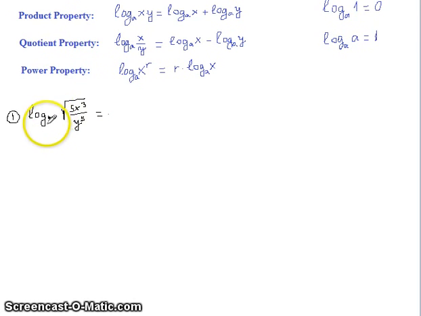Now we'll solve problems for expanding a given single logarithm. The goal will be to use the properties of logarithms to rewrite the single logarithm as a sum or difference of simple logarithmic quantities. So we have the logarithm of a square root. But remember, if we have the square root of x, we assume that all variables are positive.